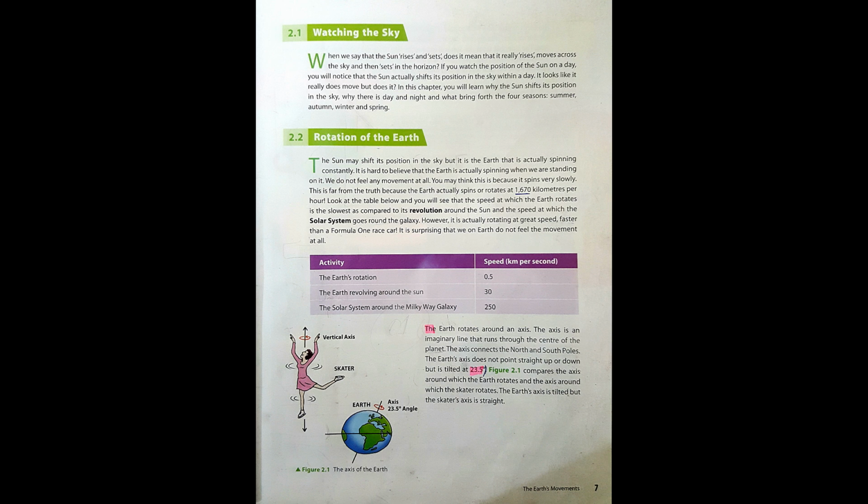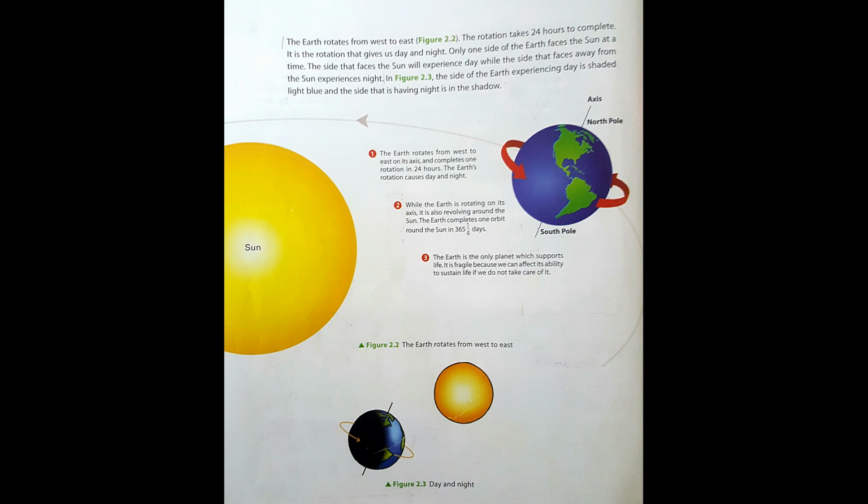As you can see in the picture, the top is rotating on a vertical axis. The Earth's axis is tilted, but the top's axis is straight.